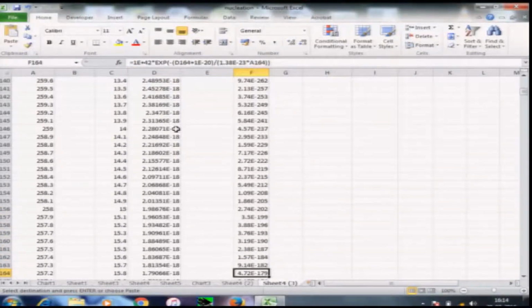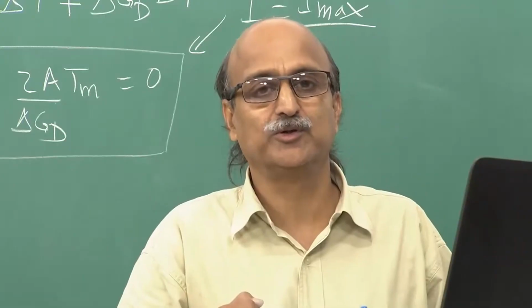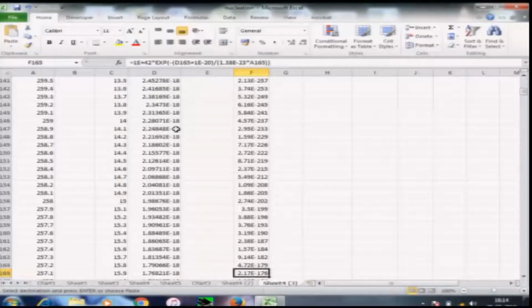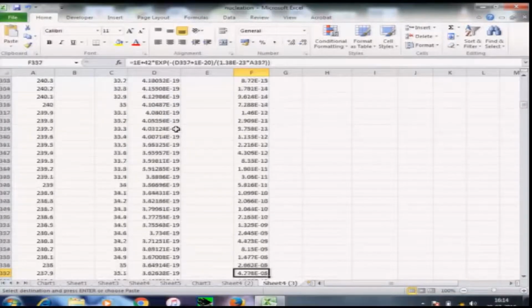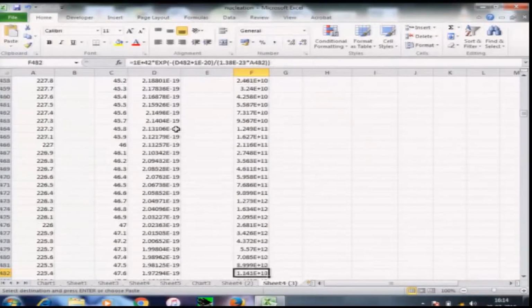Let me see at what temperature, or at what undercooling, the nucleation rate becomes equal to the critical nucleation rate that I had assumed in the last lecture, of 10 to power 6 per meter cube per second. So, let us go down and see where the nucleation rate reaches the order of 10 to power 6.